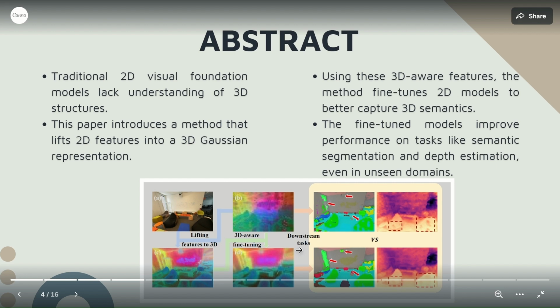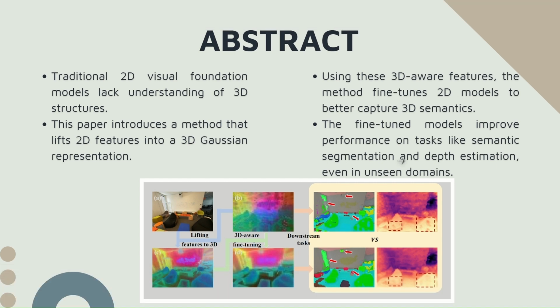Why does this work when we use it for semantic segmentation and other tasks? Once the model is fine tuned in this way, it performs better on downstream tasks like semantic segmentation and others. These tasks need a sense of 3D space, so adding this awareness helps a lot. On the right side of the figure, you can see the results.